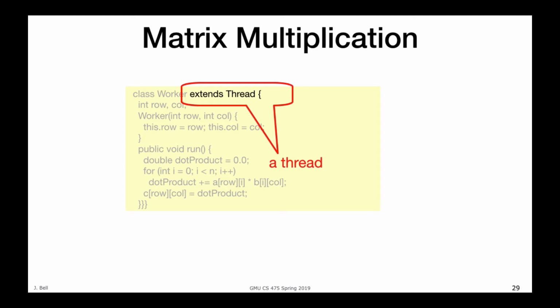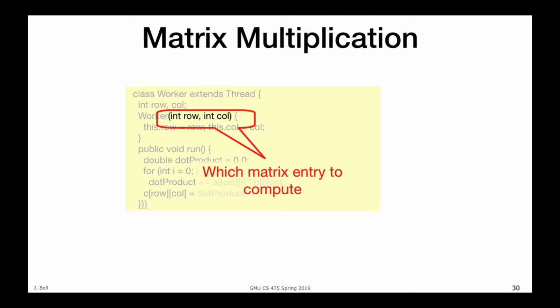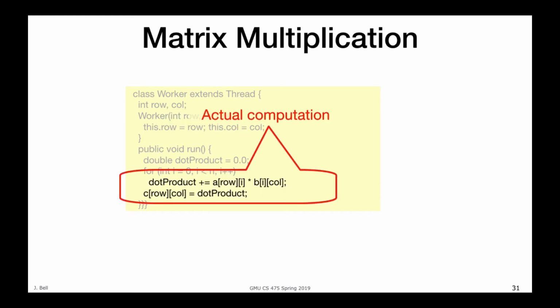So we want to do this thing in parallel. I'm going to make one worker for every row comma column. So in an n by n matrix, I'm going to make n squared workers. And each worker is going to work on computing just a single element in that final matrix.